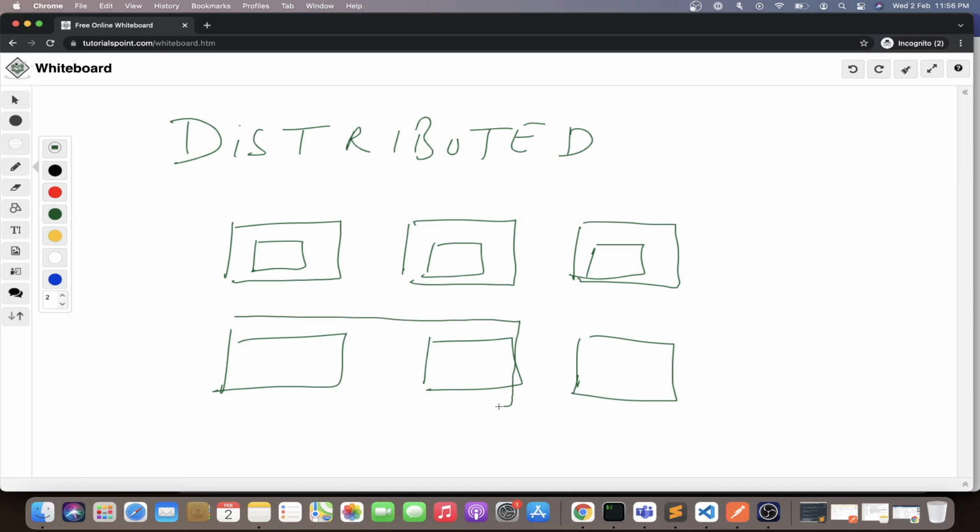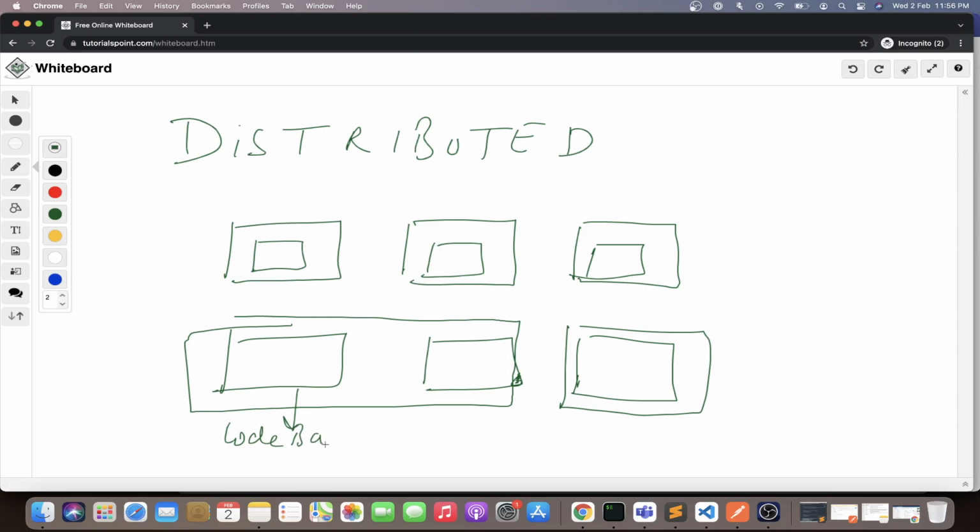I think the code base for this is the same and this code base is different. So we have different machines for this. Basically we run them, and this is the execution environment.